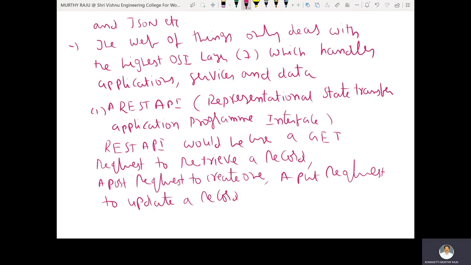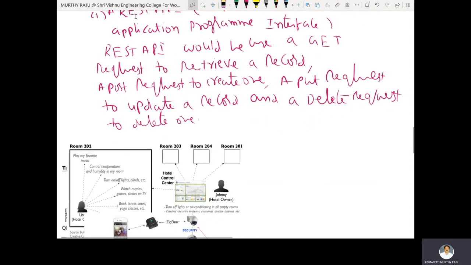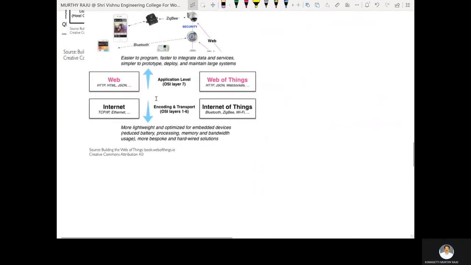And a DELETE request to delete one. These are the commands which are generated by the REST API.